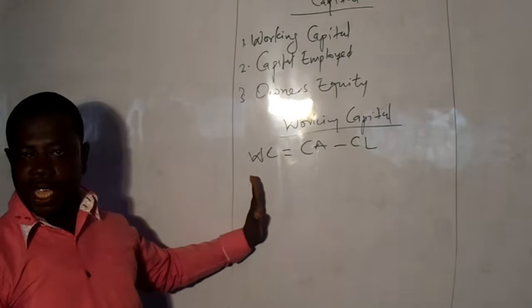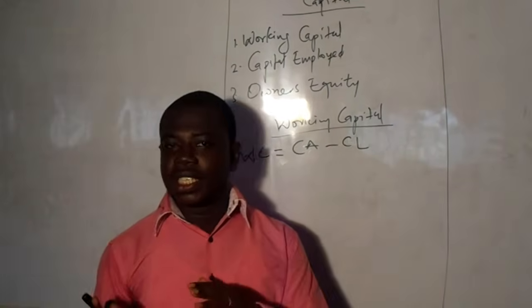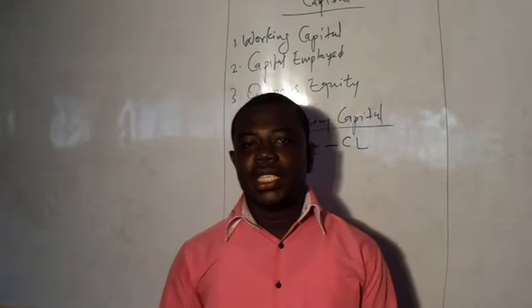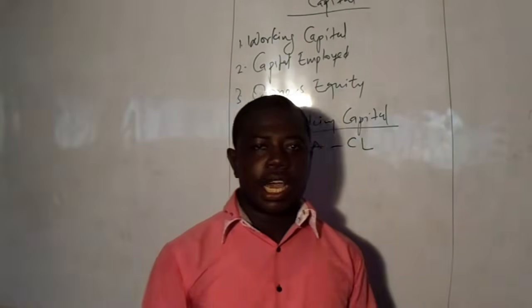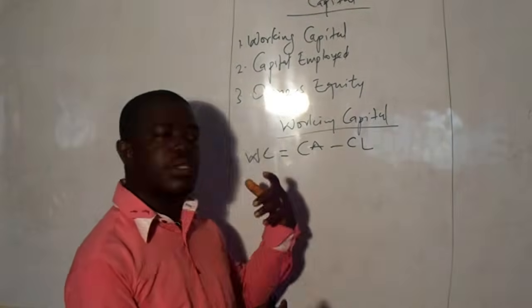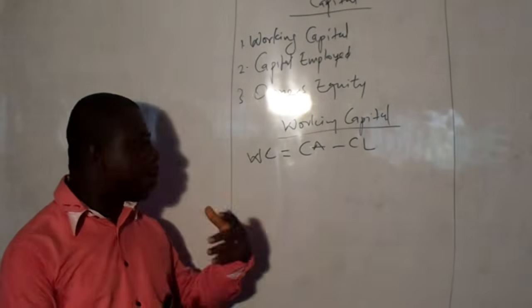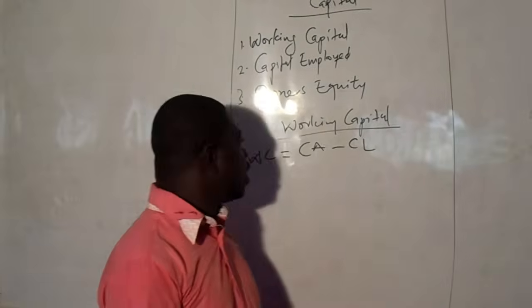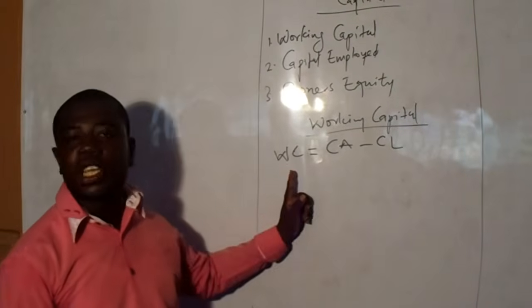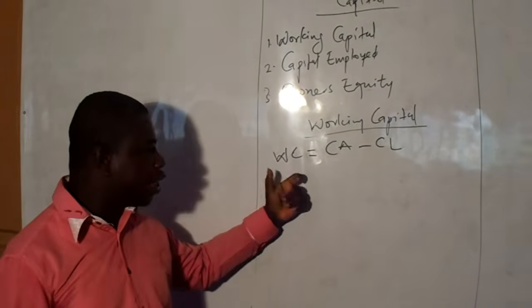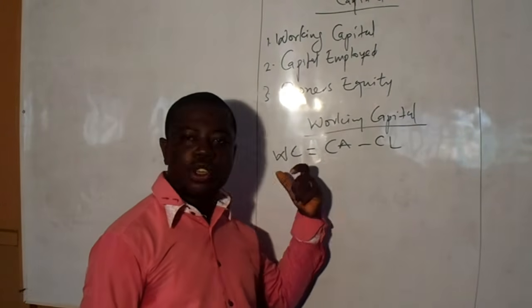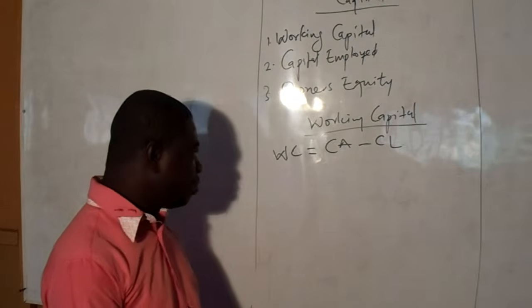Your current assets are your short-term resources, and your current liabilities are your short-term obligations. Now, the net of it is what we call the working capital, and that is the capital that you are using for day in and day out running of the business. And we expect that the working capital should always be positive to tell that you are financially sound as a business and that you are not having any liquidity problems.